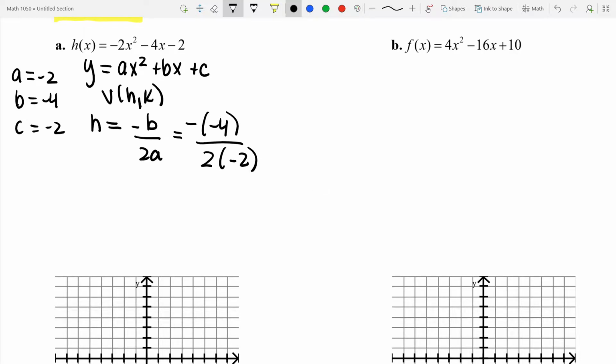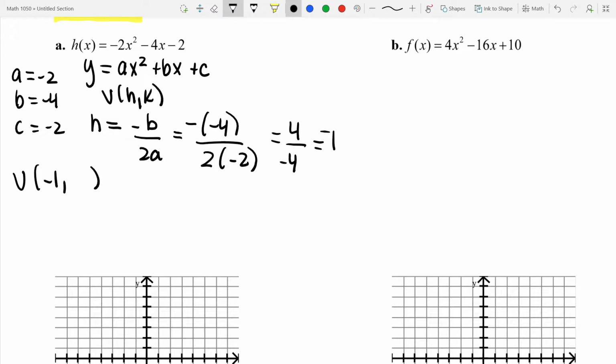So all I did is plug in what b is and plug in what a was, right? So that gives me a positive 4 over a negative 4, which is a negative 1. Thank you. The bottom's a negative 4. So now I know my vertex is negative 1 comma something. Negative b over 2a gives me the x coordinate of my vertex.